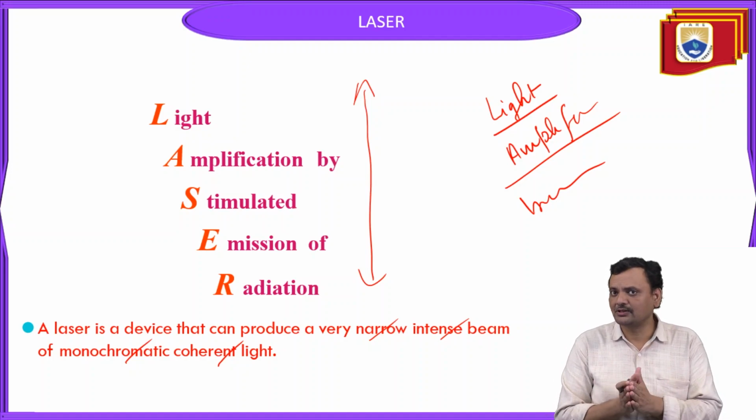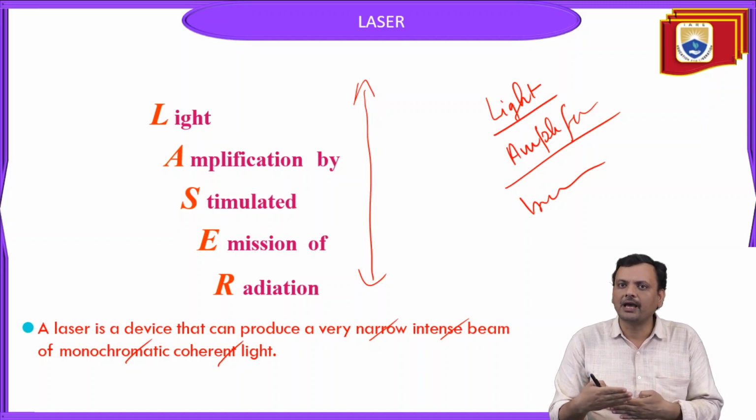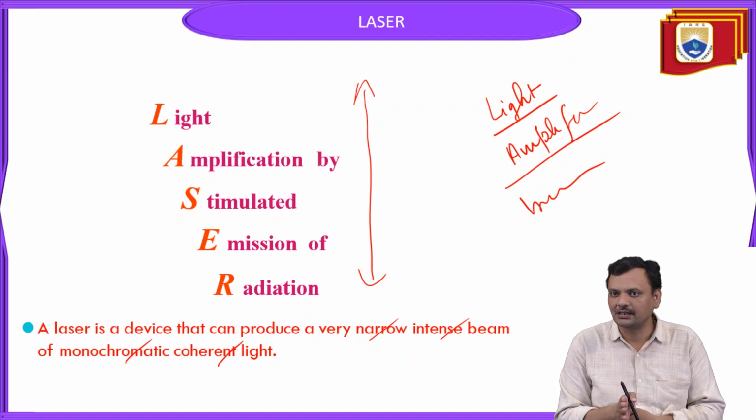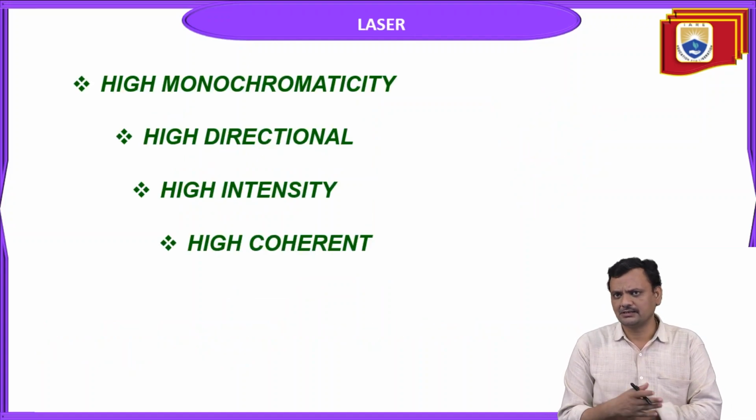So in the case of laser, light is there, but that light is amplified by stimulated emission of radiation. That is known as laser, and if laser light is produced, it will follow certain characteristics: narrow, intense beam of monochromatic coherent light. That is written here.